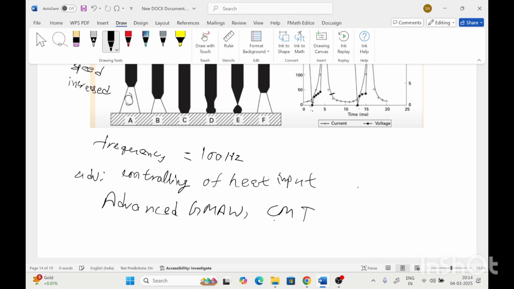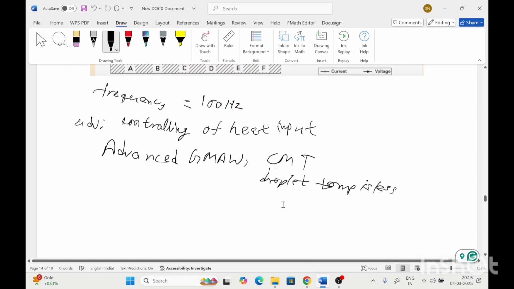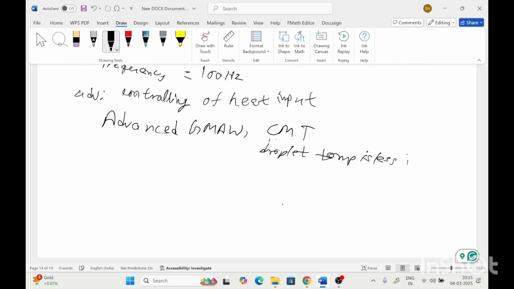Why is it called cold metal transfer? Because the droplet temperature here is less in comparison to other methods.